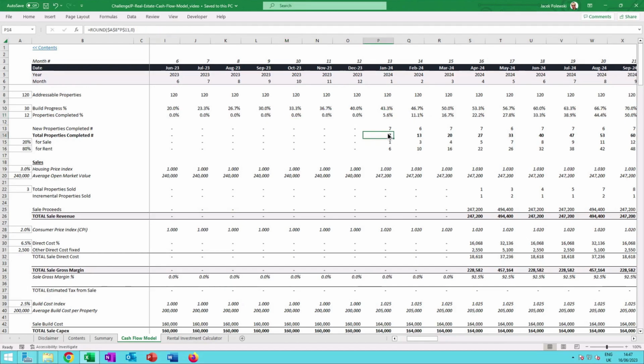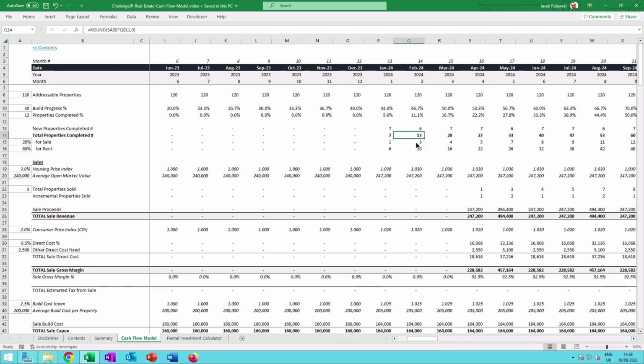So if we go a few rows below, you will see the number of properties completed, which is simply that 5.6% times that 120 properties, which gives us 7 properties that are completed. Over here, we have the number of incremental properties, so the new properties completed in a given month. As you see, as we're progressing, 7 becomes 13, 20, 27, and so on.